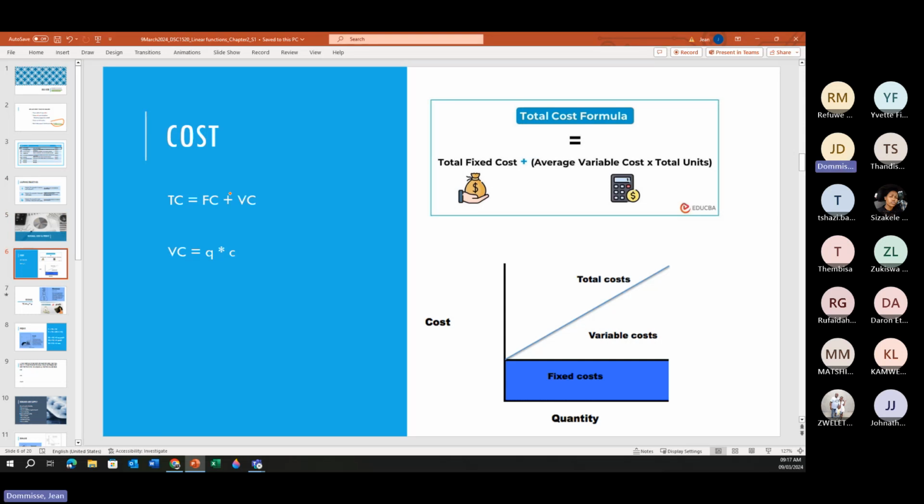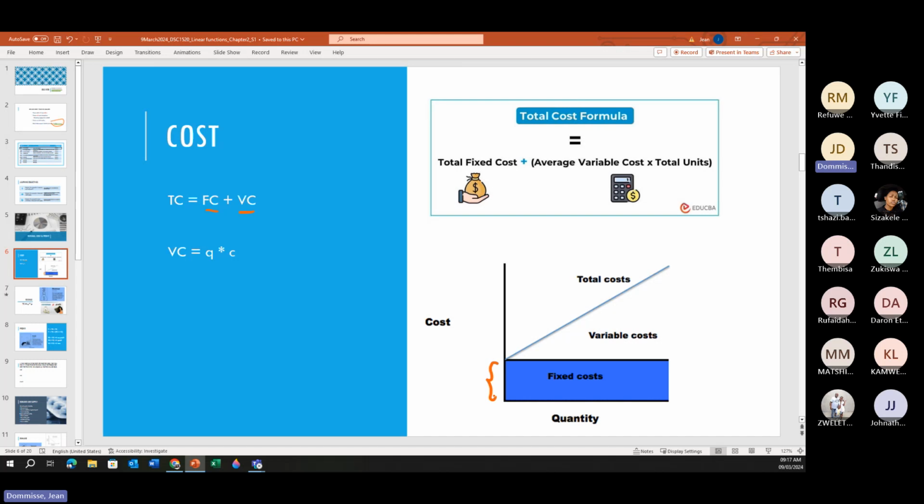Again, some of the formulas that we need to know is that your total cost is a function of your fixed cost plus variable cost. And if we have a graph, this bottom part is the fixed cost.